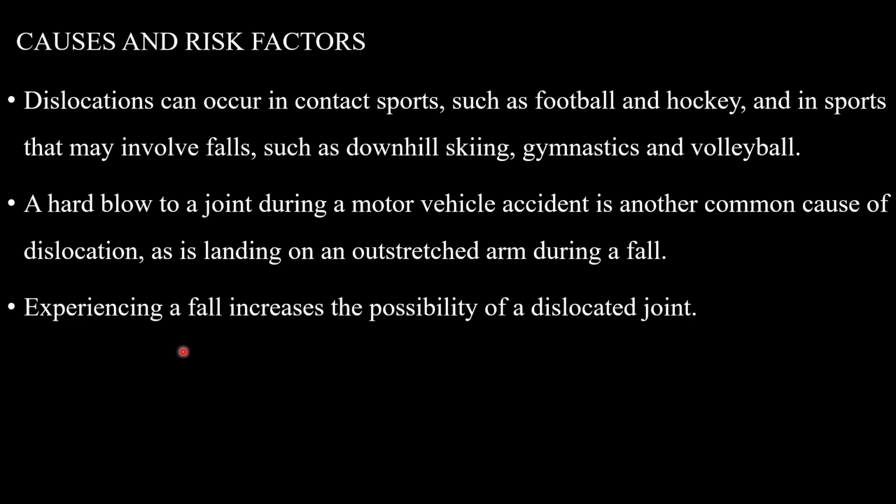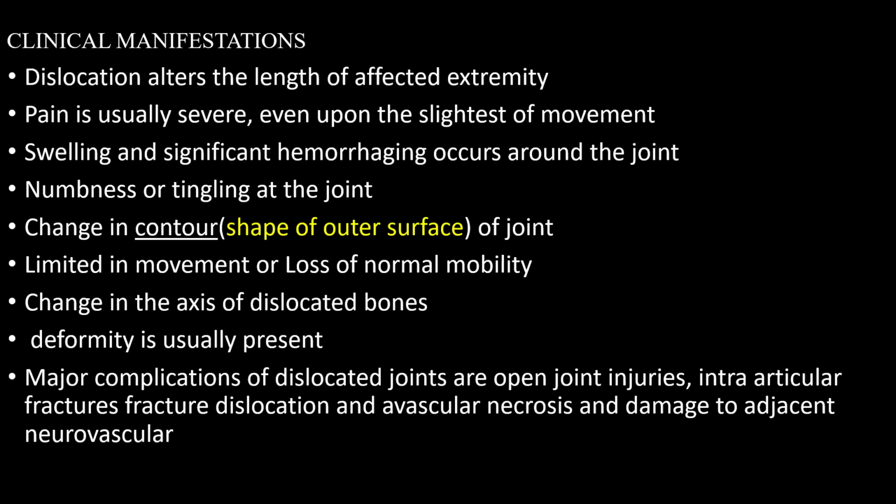Then, a fall increases the possibility of a dislocated joint. So, causes and risk factors: contact sports, falls such as downhill skiing, gymnastics, or volleyball, a hard blow in a motor vehicle accident, and landing on an outstretched arm during a fall.